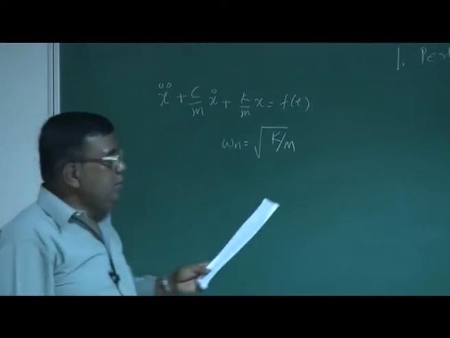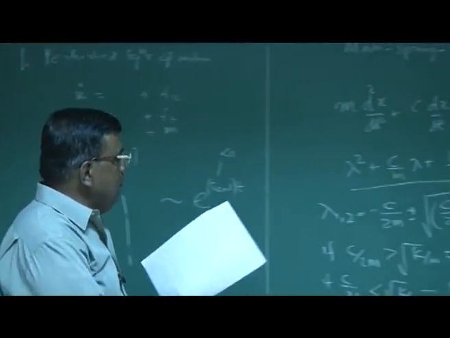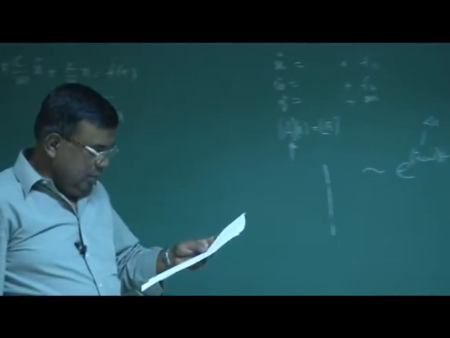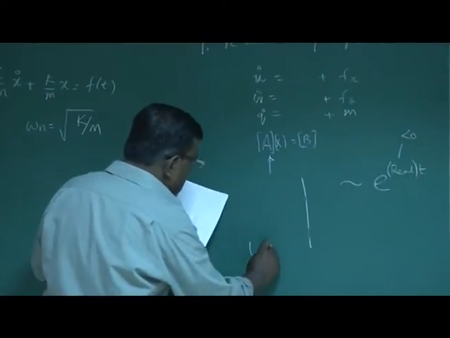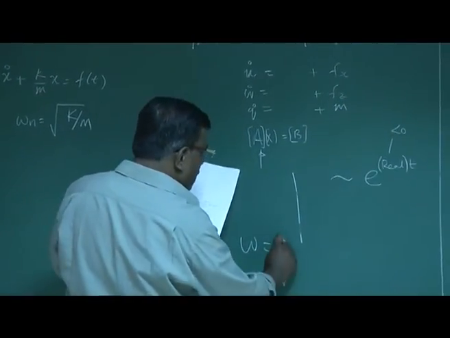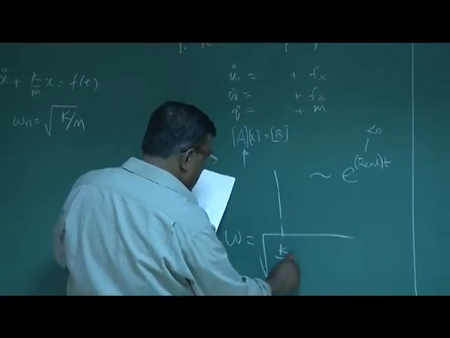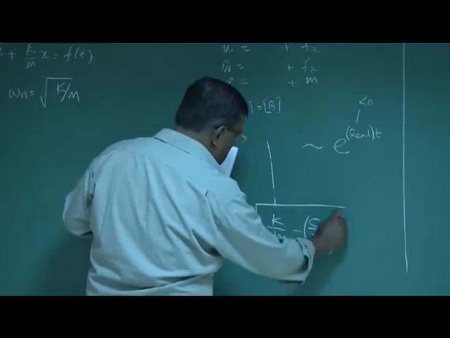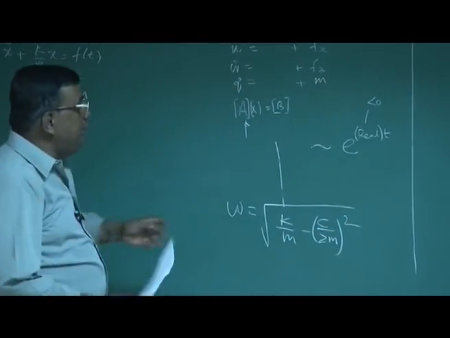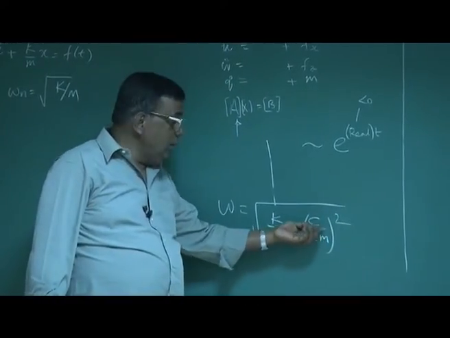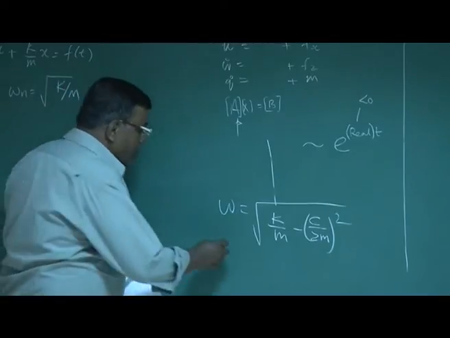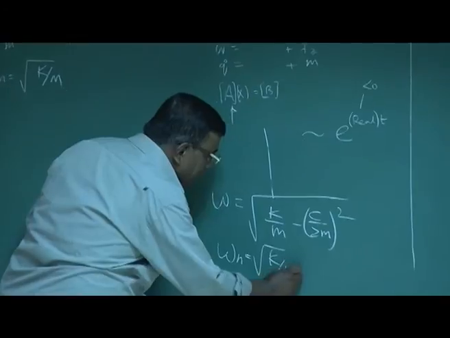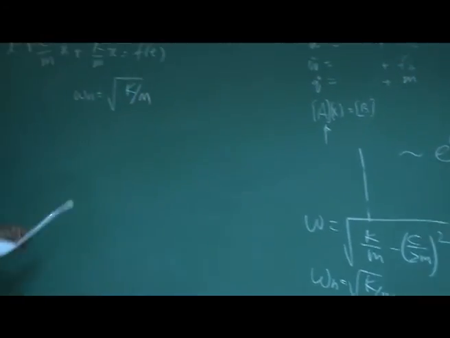In the normal case, with lambda 1 and lambda 2, these are all textbook material you have already studied, omega equals under root of k by m minus c by 2m whole square. But if damping is 0, if c is 0, then this becomes omega n, which is nothing but under root k by m. So that is exactly what I am writing here.